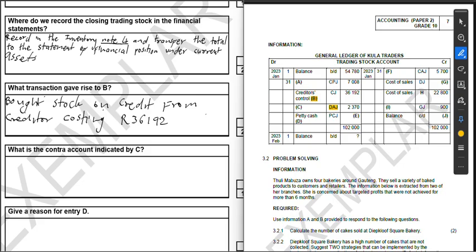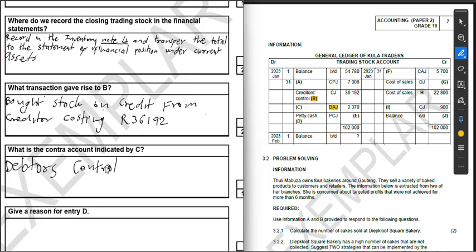So here we need to write what the contra account indicated there is. We need to write this is debtors control, because we're adding back our stock.